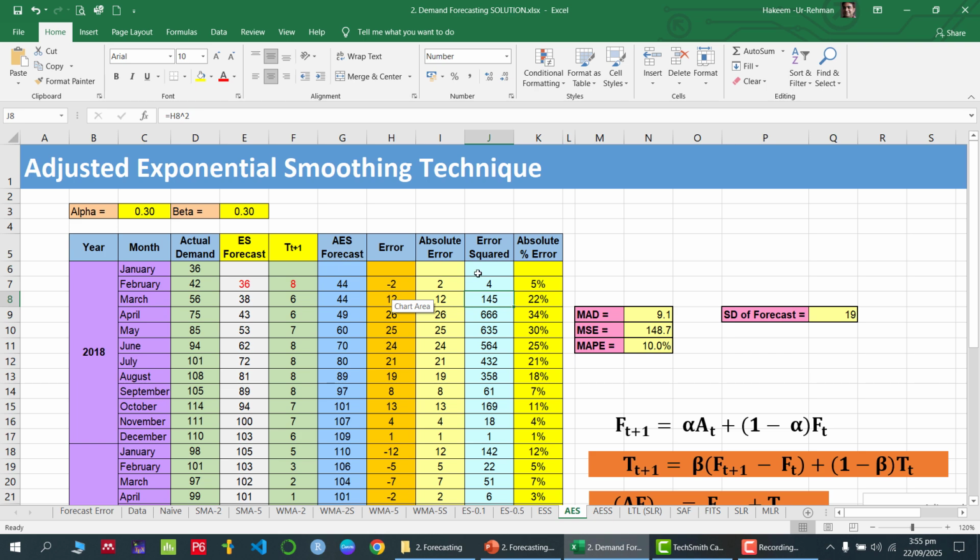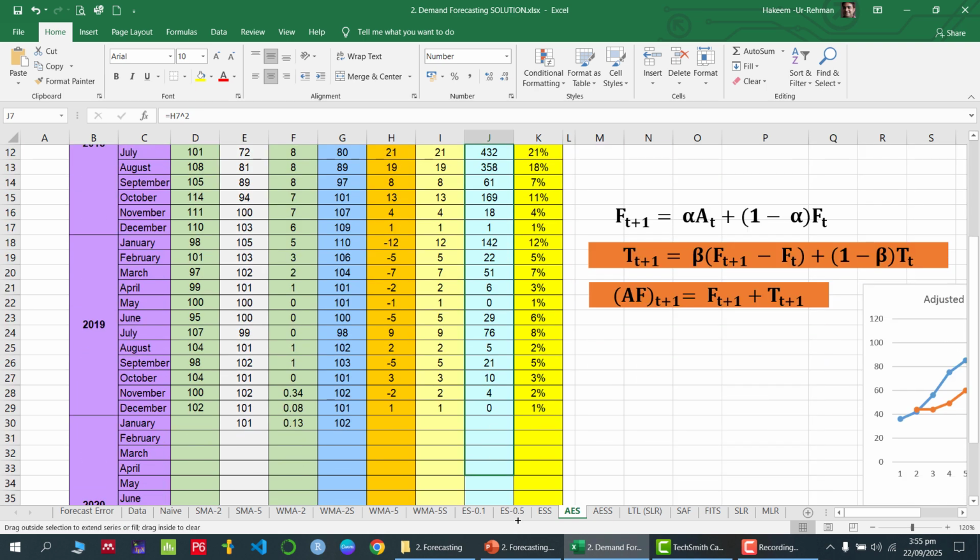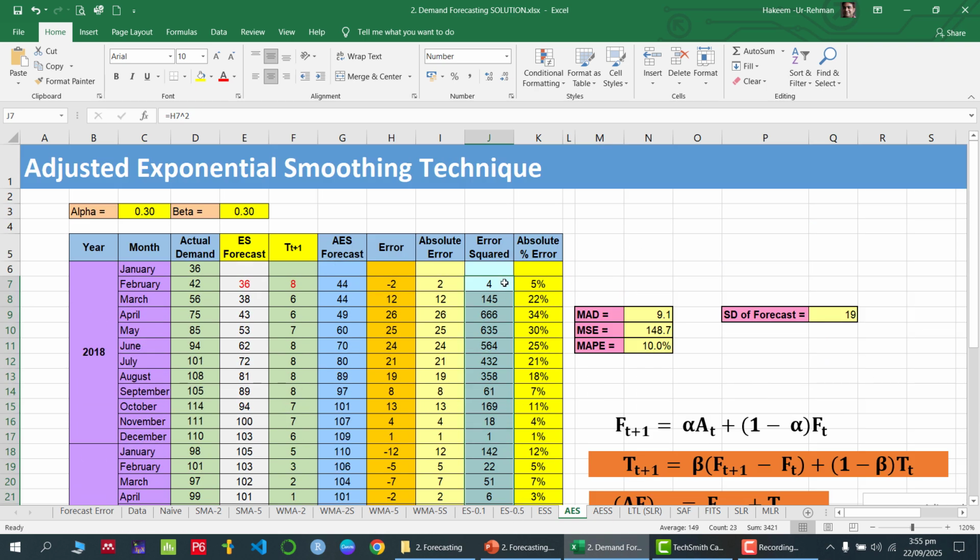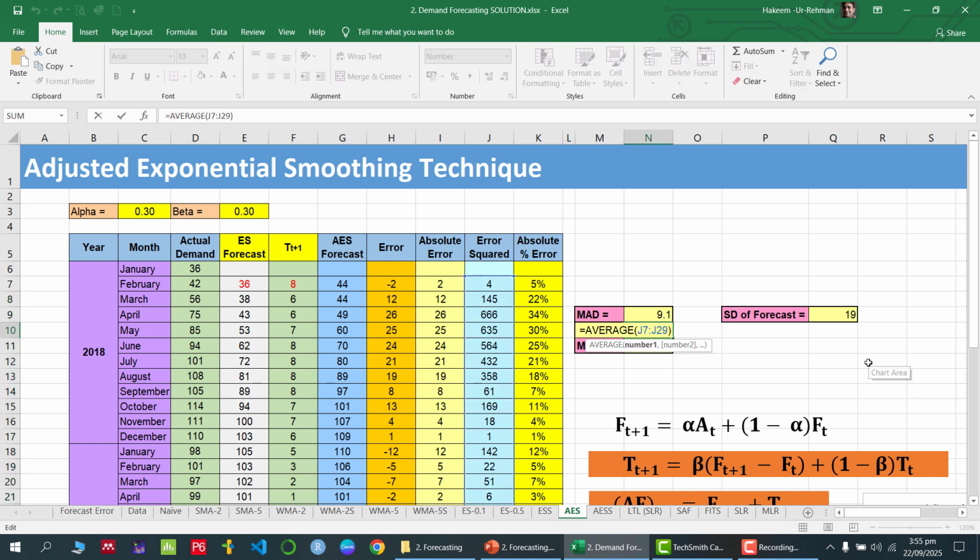Same is the case, we are going to calculate the error square. So every error square we are going to take. Once we have taken the error square, the average of these error squares is going to be the mean square error, right? Same is the case, we are going to find out the absolute percentage error. That is going to be the absolute error divided by the actual value.